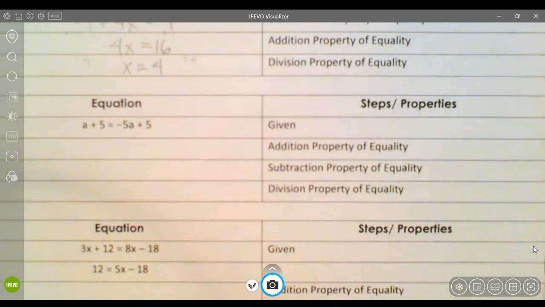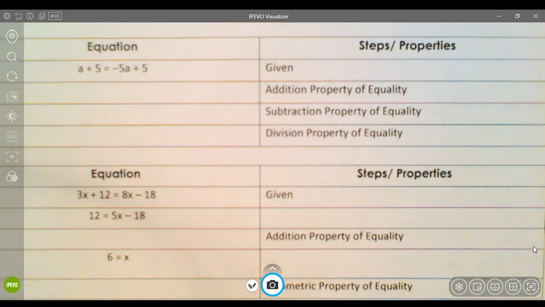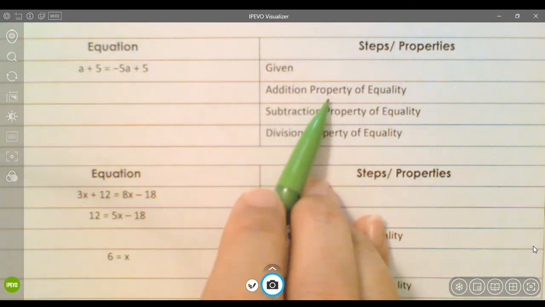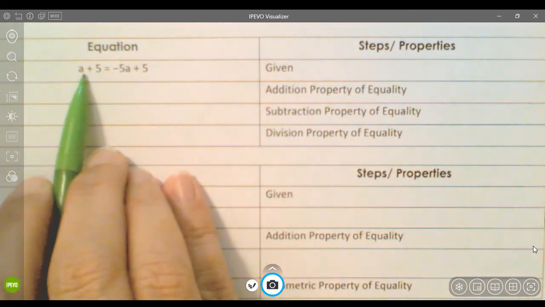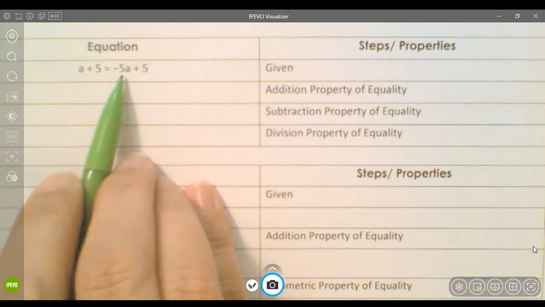Next equation. A plus 5 equals -5a plus 5. All right, so that information is given to us. Now it says use the addition property of equality. I'm going to tell you right now, when I have a variable on both sides, I always get rid of the smaller variable. By getting rid of the smaller variable, you avoid negative variables.